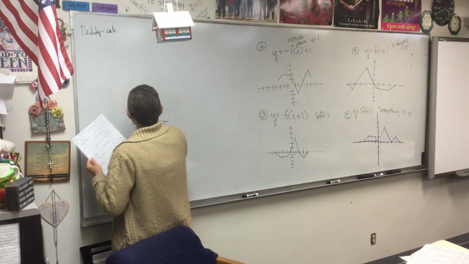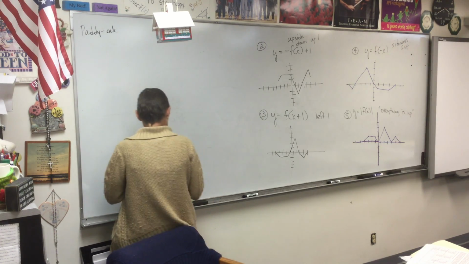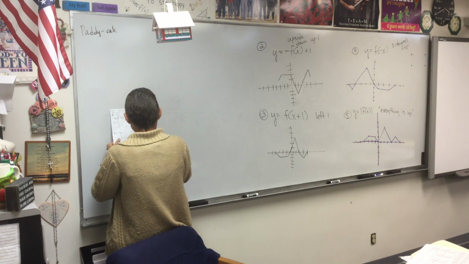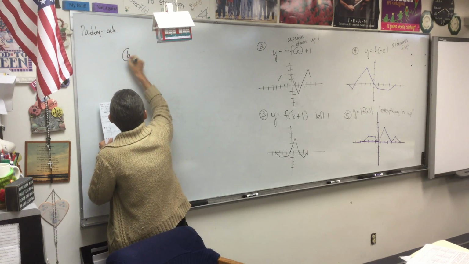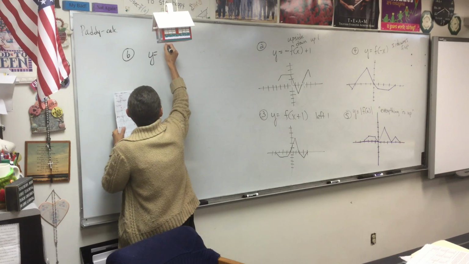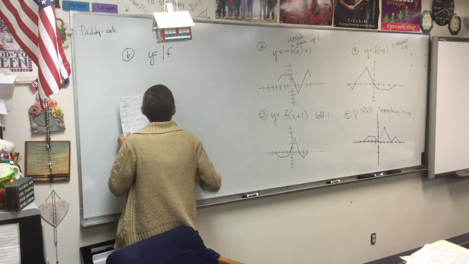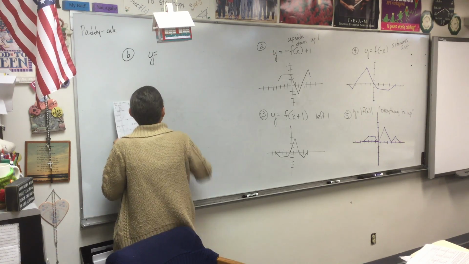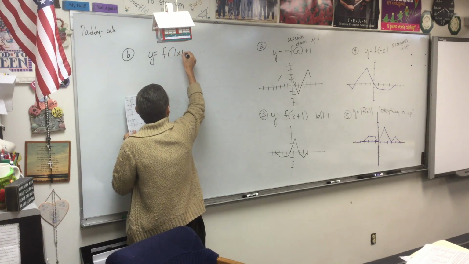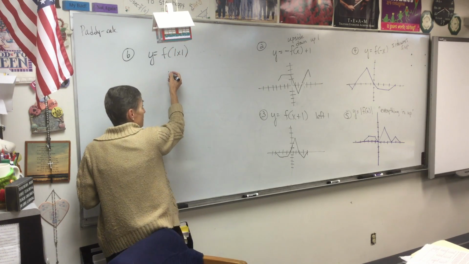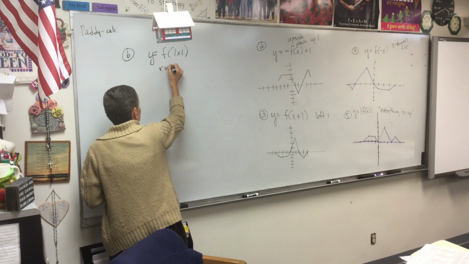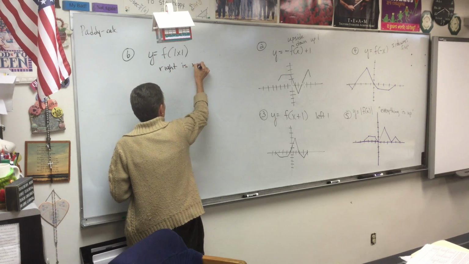All right, so what happens in problem 6? Okay, 6 is our f of the absolute value of x. So that means the right is mirrored on the left.